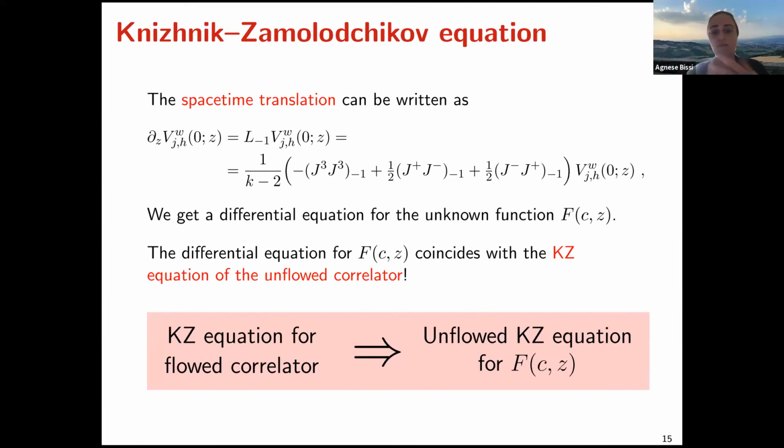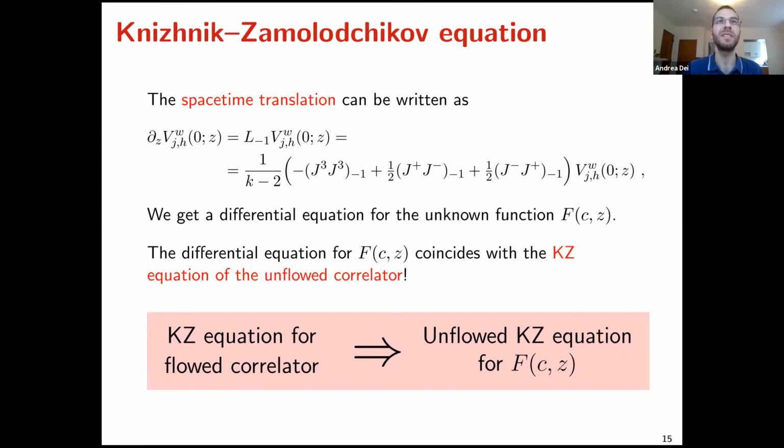But if this is the case, this means that essentially, again, some symmetry should be there. I mean, there should be some way in which this translation acts on the flowed parameter in such a way that this gives rise to the same differential equation. Do you see that at the level of the algebra or not?